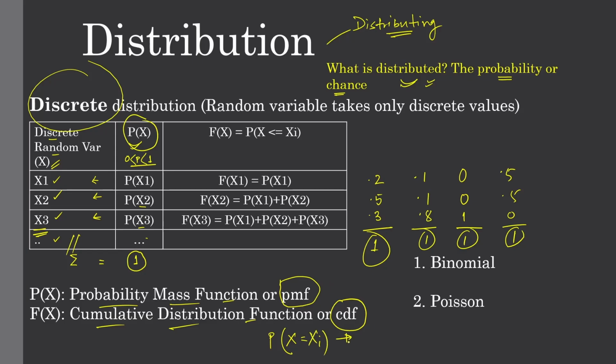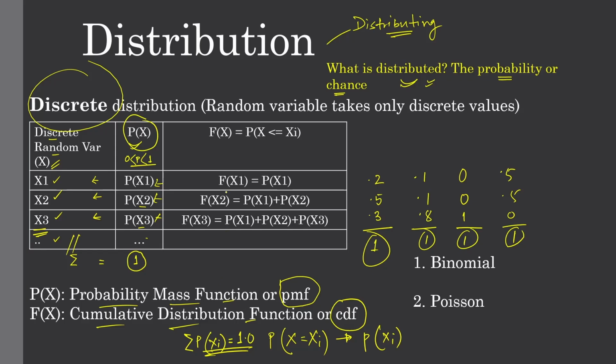This is sometimes written in the short form as P(xi). These are the PMFs. And if you add these PMFs, the summation of P(xi) is always equal to 1.